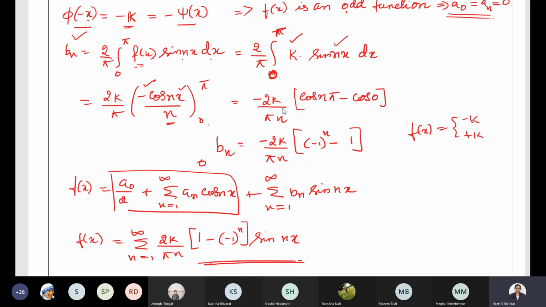I hope hereafter you don't use that long method to solve this, as you did previously. Is it okay? Okay. Now we will be discussing one question.